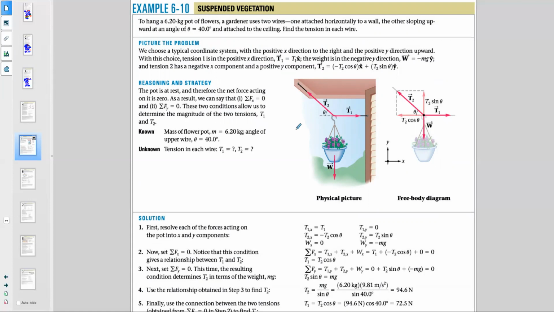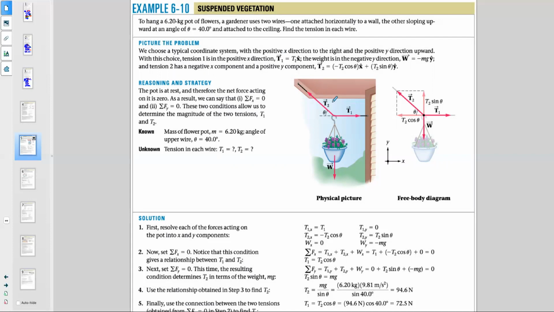All right, so now that you're back, to hang a 6.2 kilogram pot of flowers, a gardener used 2 wires. As you can see, there are 2 wires here. One is horizontal, attached to the wall, and the other is sloping from the wall at an angle of theta equals 40 degrees.